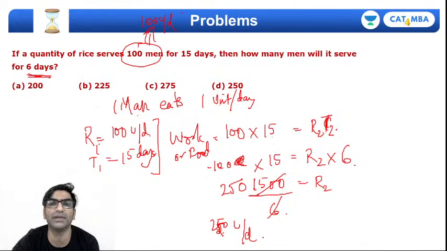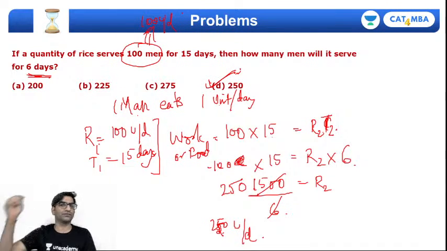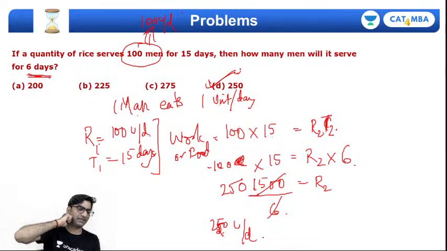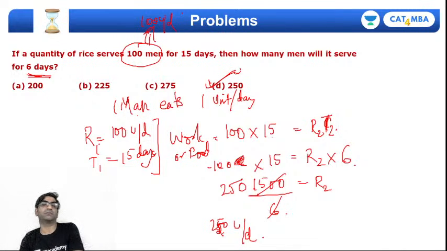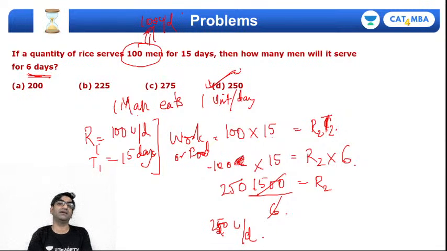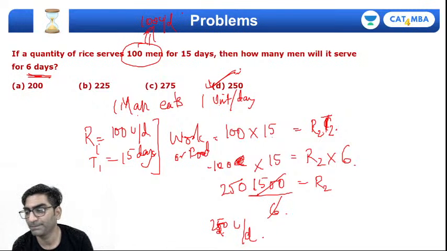Well, if one person takes 250, the rate that you need is 250 units per day. If one man eats 1 unit per day, then how many men will eat 250 units per day? 250 men clearly. So that's the number of additional workers this company needs to employ.